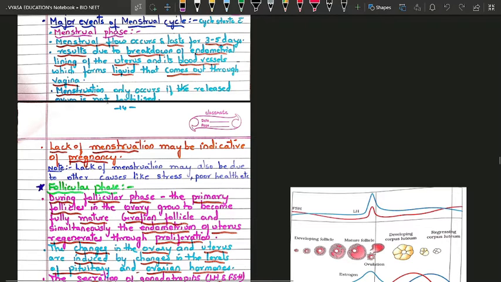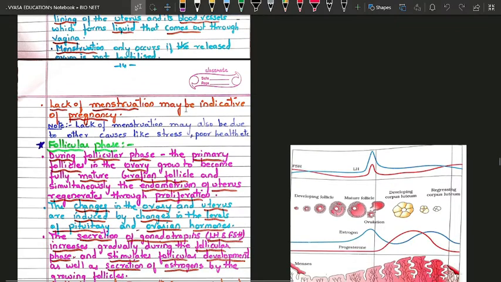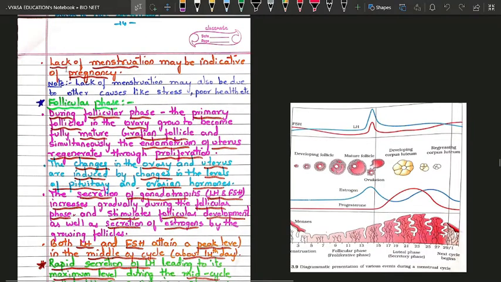Menstruation only occurs if the released ovum is not fertilized. They go hand in hand. But not all lack of menstruation is pregnancy. Sometimes hormone changes may be there. Lack of menstruation may also be due to other causes like stress, poor health, etc.